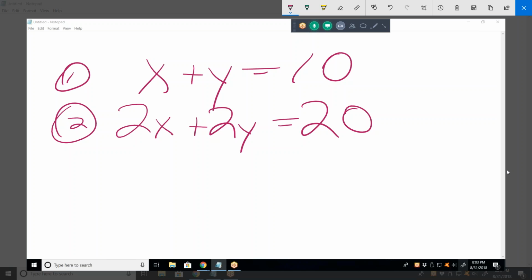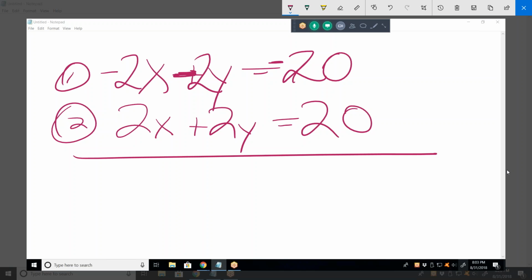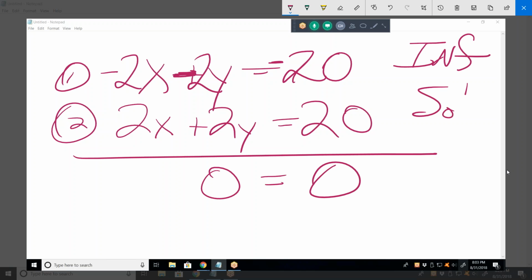So now, if I go to solve this one by elimination, and I multiply the top by minus 2, and now I add everything, I get 0 equals 0. When I get a number equal to the same number, that's infinite number of solutions.